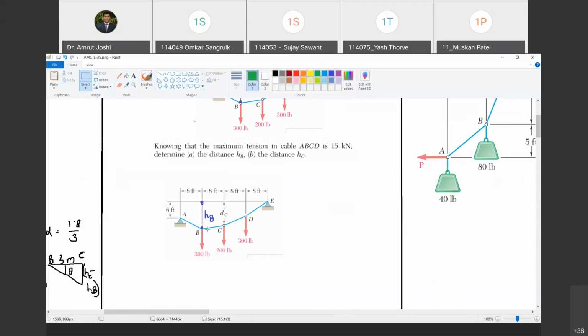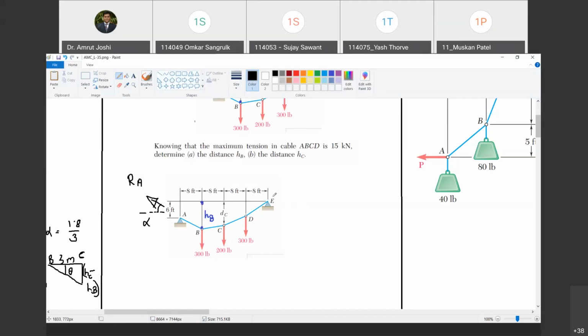So for that, let's go. I'm going to show the reaction RA here along string AB. Do you agree with me? Yes, sir. And let us say that it makes an angle of alpha with the horizontal.